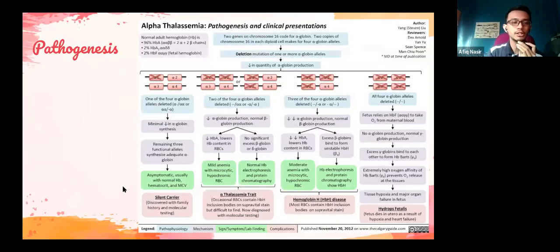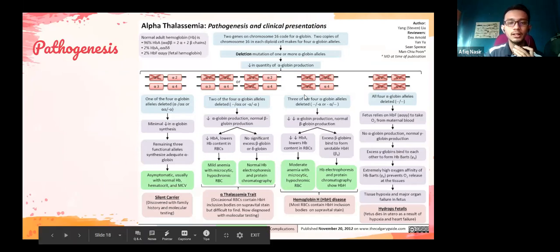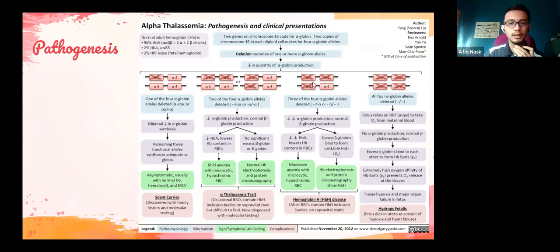Here is the pathogenesis of alpha thalassemia. I'm just going to explain about the HbH disease and the hydrops fetalis. So in HbH disease, there are 3 deletions of alpha globin gene.